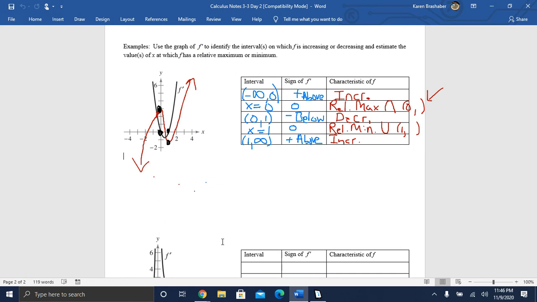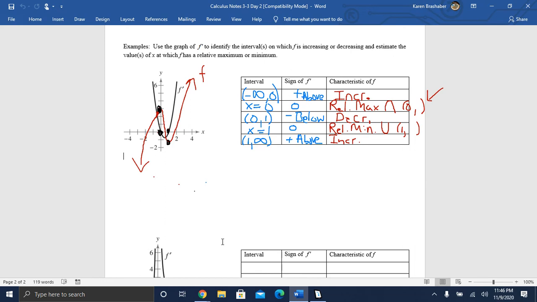The x-intercept of the derivative is where you have a maximum for the original function f, and the x-intercept again of the derivative is where you have a minimum value. So there's a graph of the original function given the derivative.